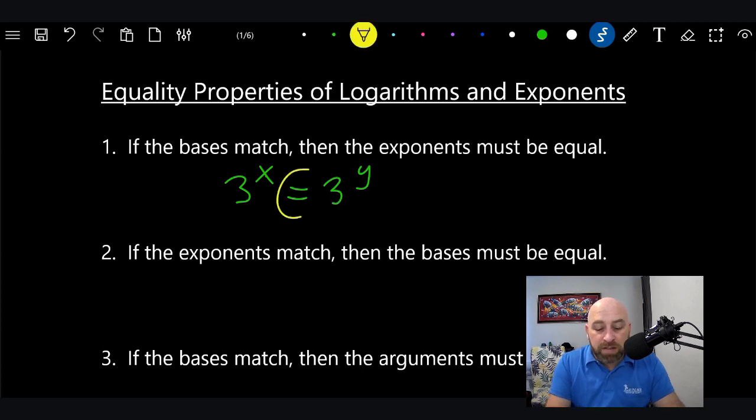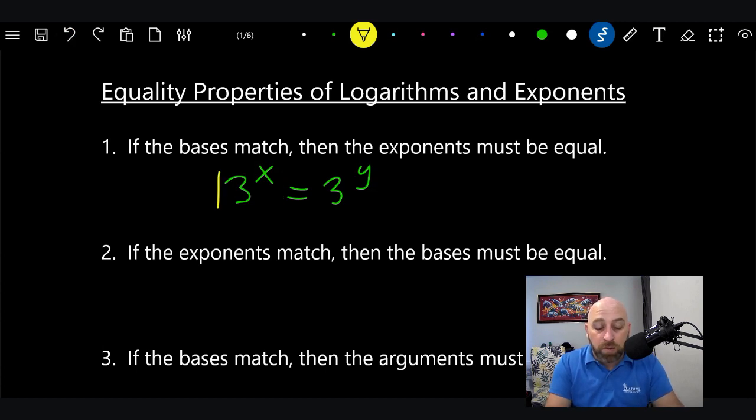Because of this equal sign, it has to be equal. In other words, what has to be equal? Well, this expression has to be equal to this expression, right? Yeah, because this says that it's equal.